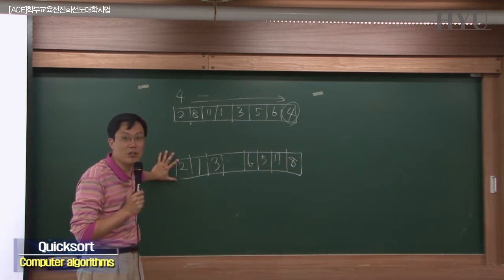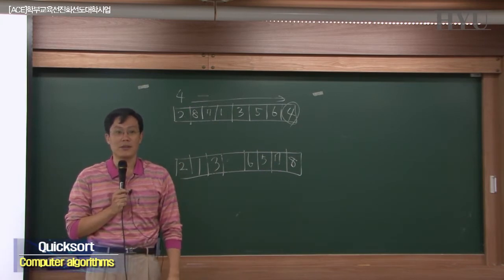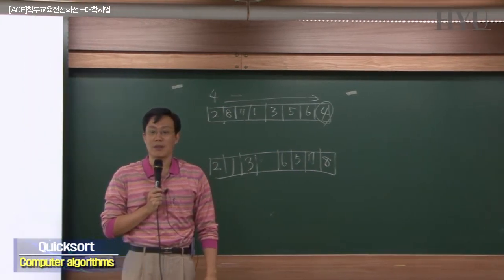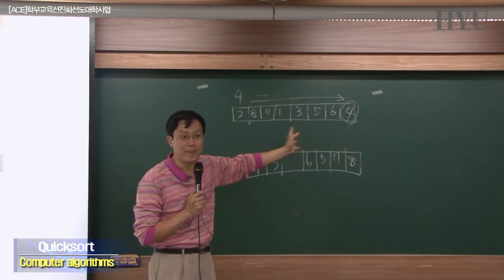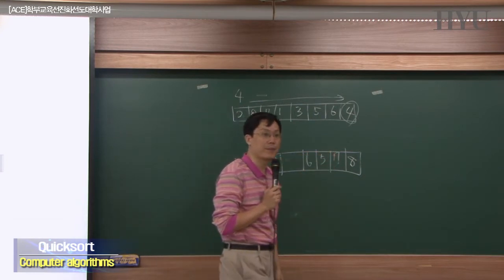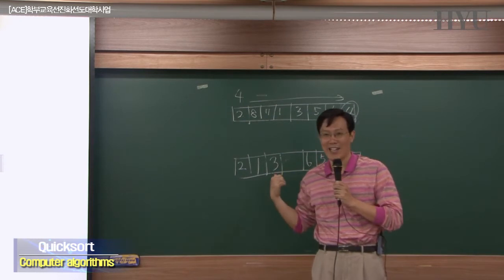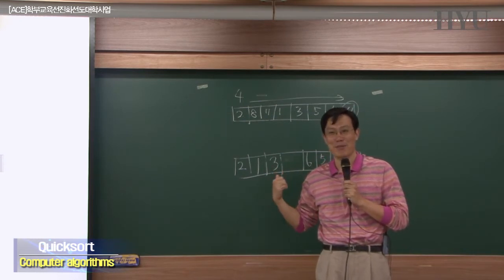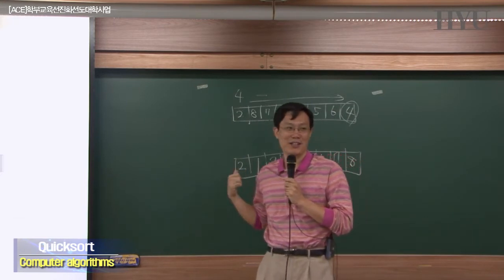By using an additional array, partitioning is very simple, and it takes linear time, just one scan. But why is this simple procedure not used in quicksort?